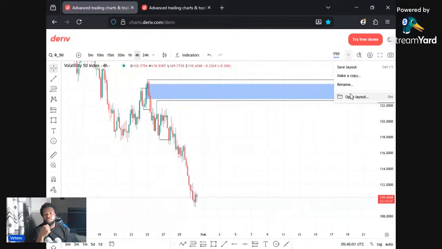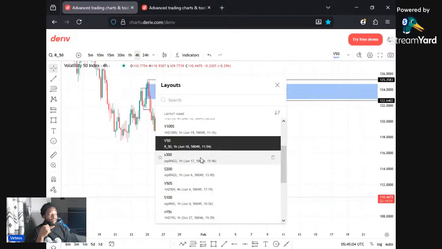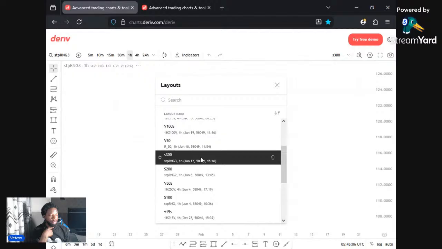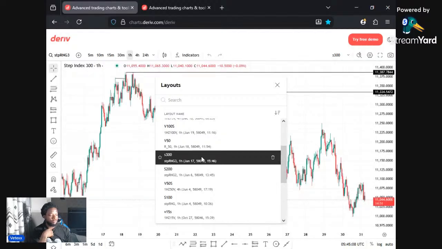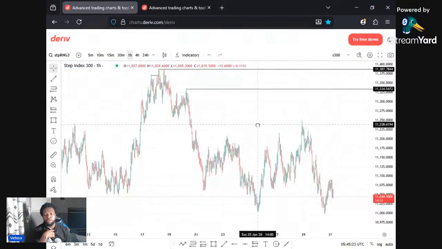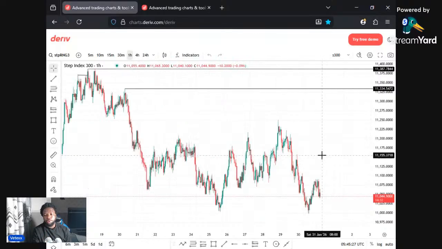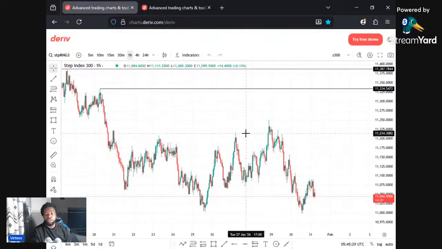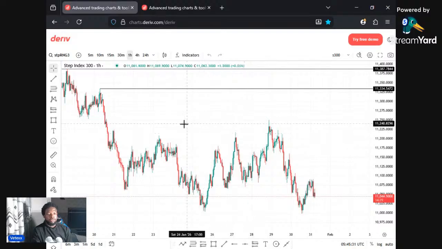All right, now let's go to the next pair, which is Step 300. On Step 300, it has been bearish on the weekly time frame, bearish on the daily time frame, and then we have been anticipating a move on the 1 hour time frame.